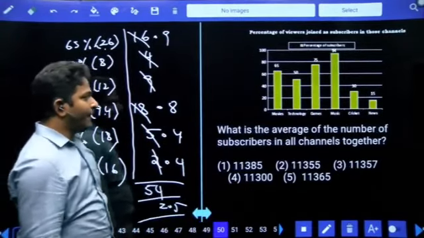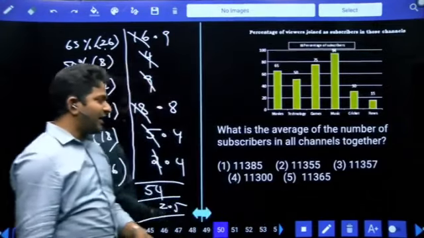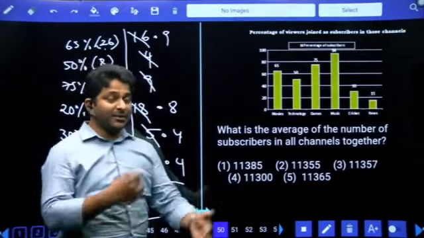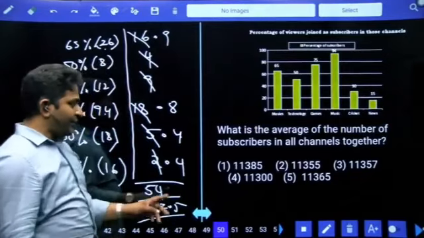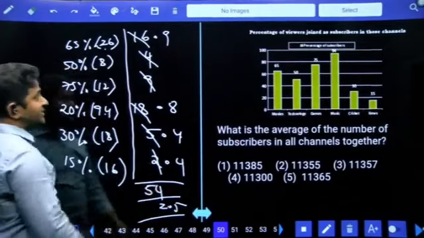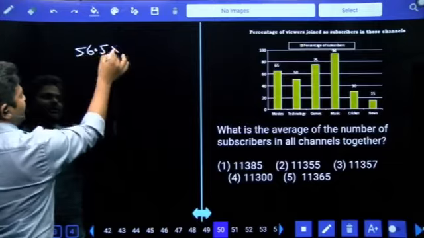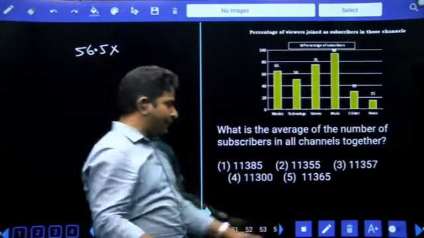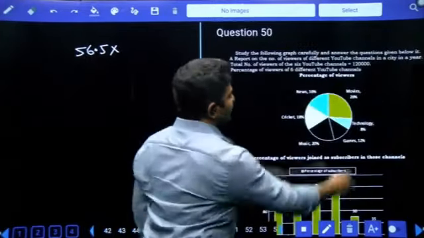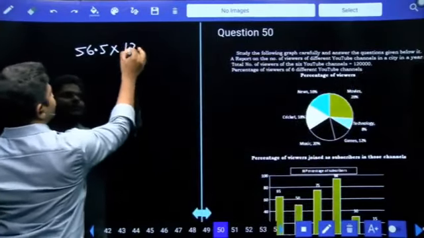What is the average number of subscribers in all the channels? You're asked to calculate average number of subscribers in all the channels. So if you can answer previous question, you know that total subscriptions are 56.5%. 56.5 percentage is equal to 56.5 into 1% value. 1 percentage of this number, 1,20,000, is 1,200.